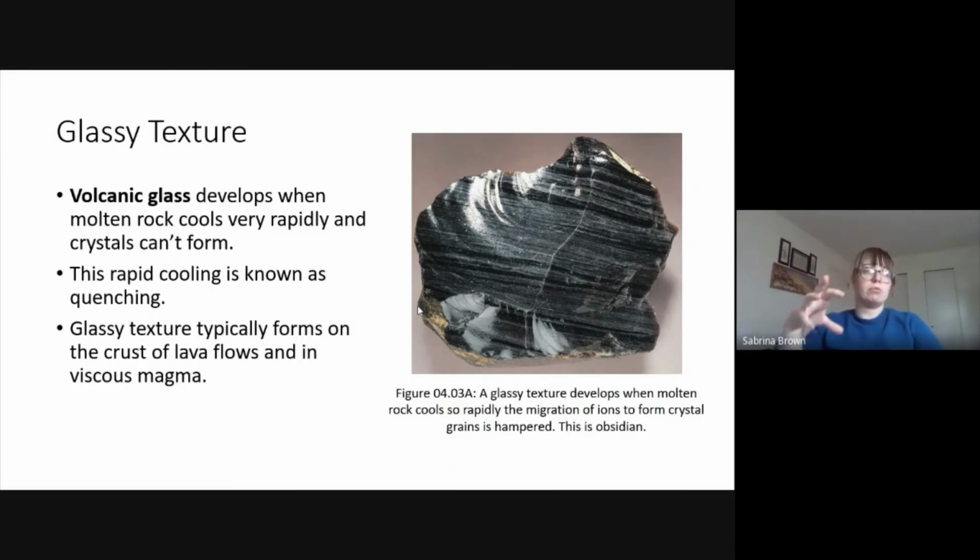In the lab, we'll notice we have a smooth glassy texture and a frothy glassy texture, like a pumice stone. It's named glassy because it's shiny, but it doesn't necessarily have to be shiny to be considered this texture. It all has to do with the fact that there are no crystals there.